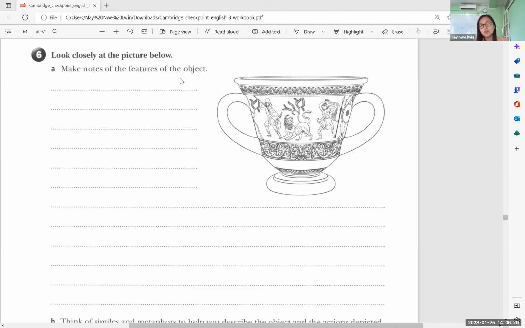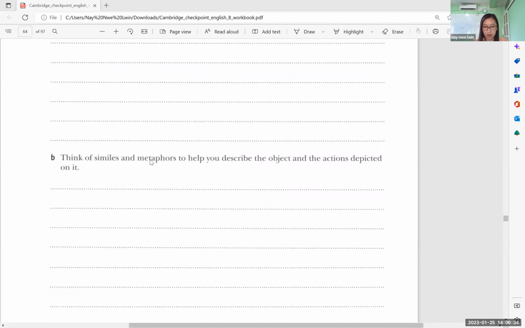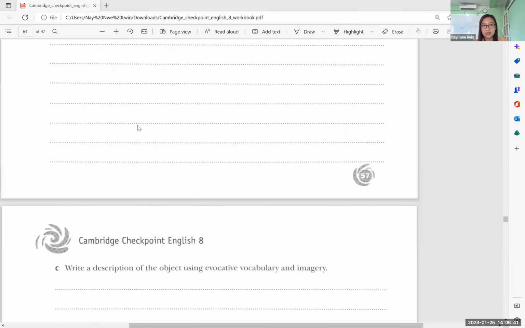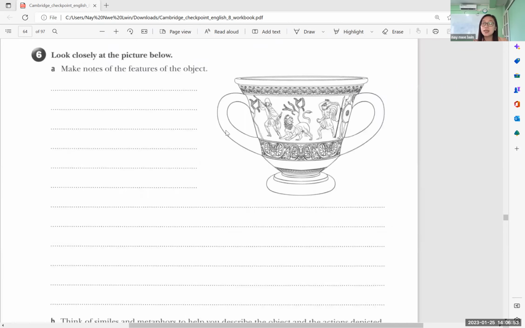The first stage is that you have to make notes of the features of the object. After that, you have to think of a simile and metaphor to help you describe the object and actions depicted on it. And there is a third stage. You have to write a description of the object using evocative language combined with your notes. Just give me the description of this object as much as you can. The page number is 57 from the workbook.